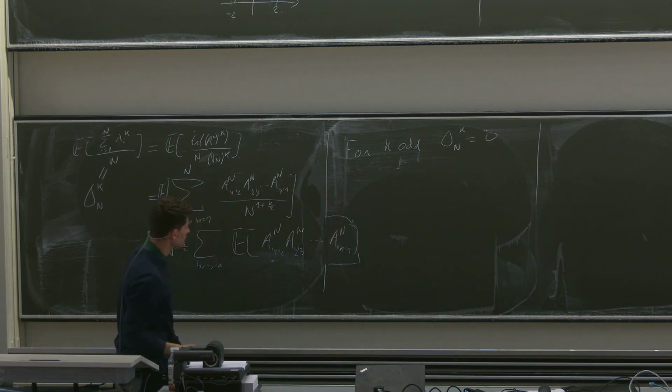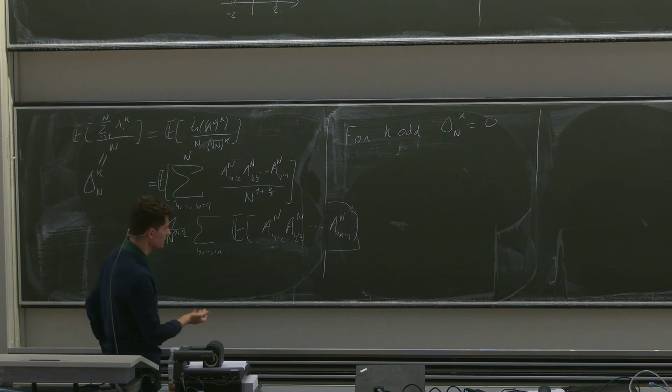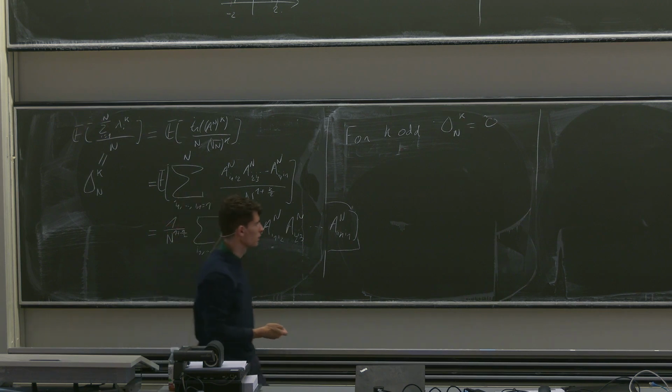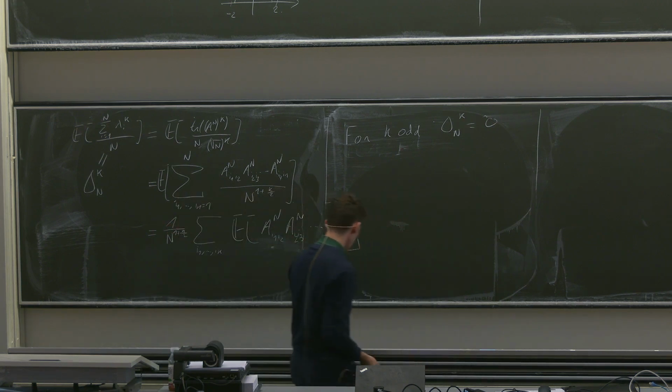Let me say the argument again one more time. Basically, if you don't have this element to an odd power, then they will all be to some even power, and then you will have an even number of them. But we assume that k is odd. Okay.